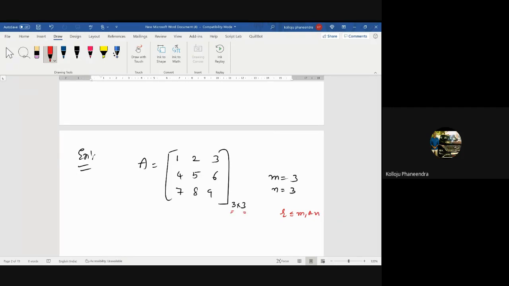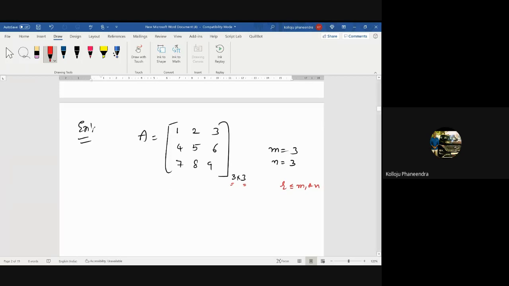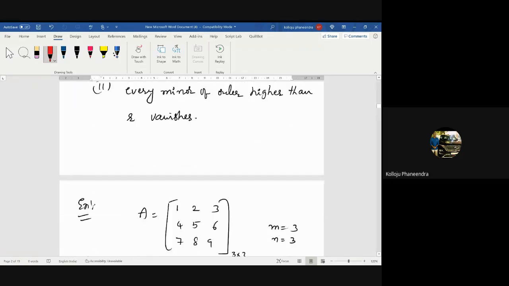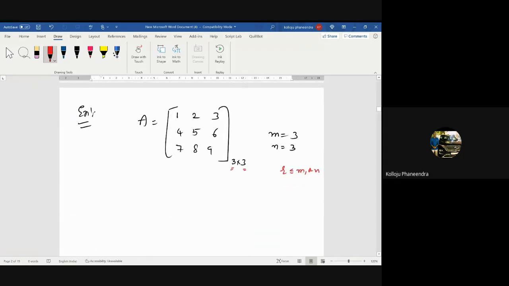So I first select R equal to 3. Then the first condition is a non-zero minor of order 3. Minor means determinant. So first calculate the determinant of the 3 by 3 matrix.